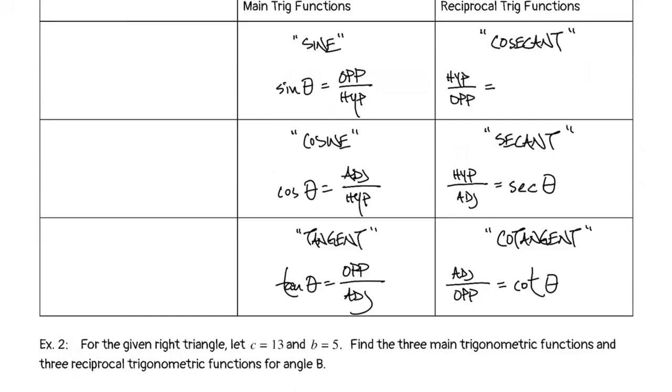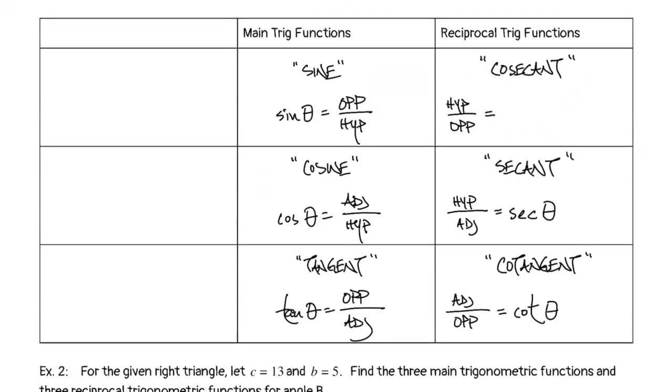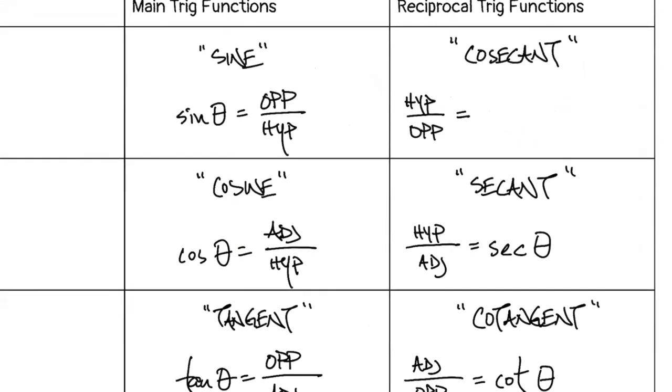Because the first 3 letters are COS, but that's already been taken. COS stands for cosine, so we can't use COS again here. And so for cosecant, we choose the C, the S, and the C. All right, so cosecant theta.